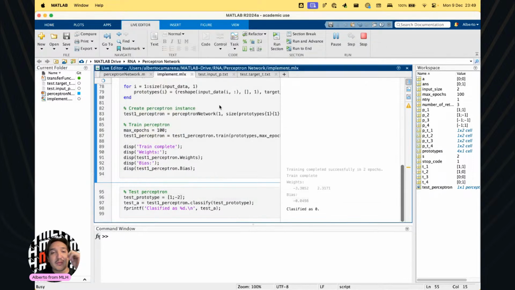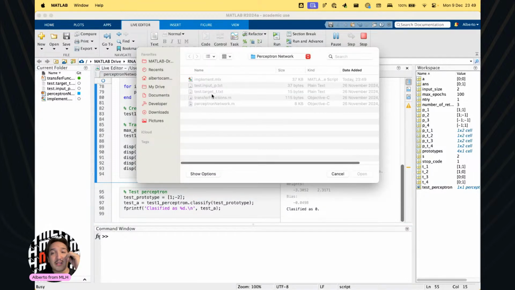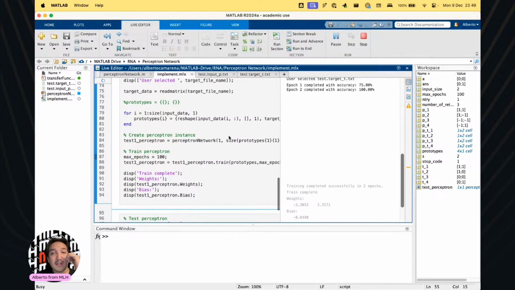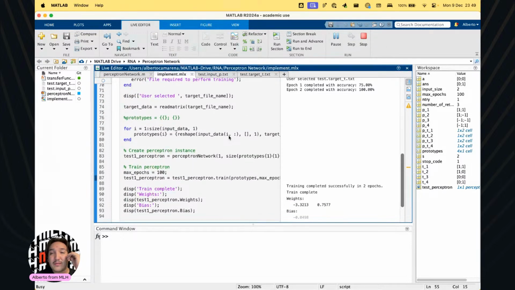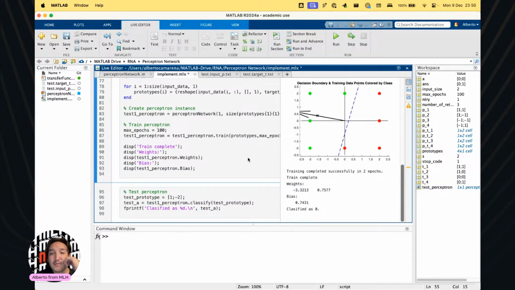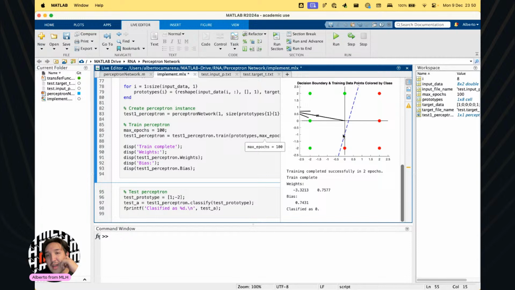So first we need to select test, and then we need to select the targets. Nice. So these are the points.